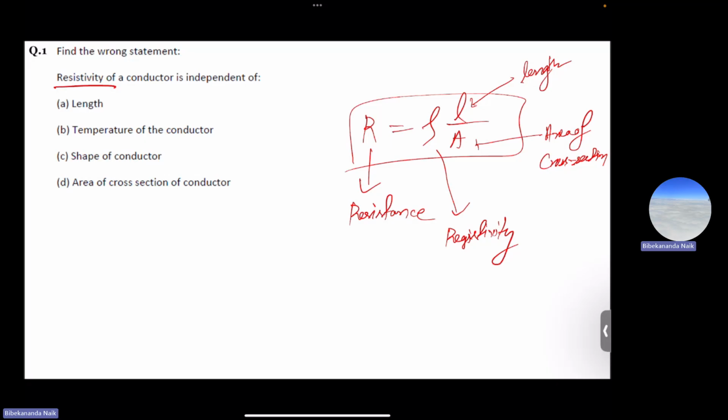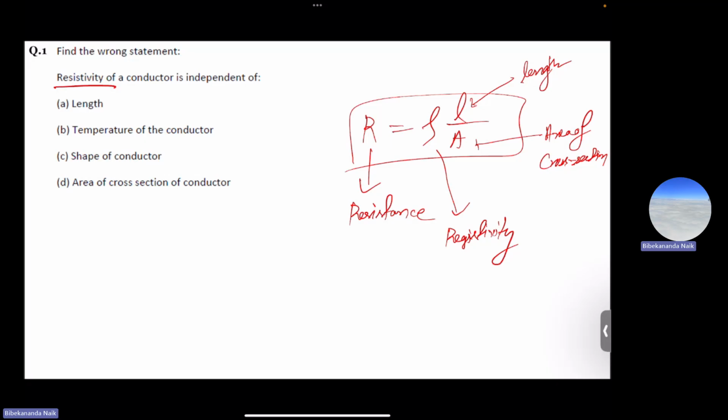So depending upon the material type, there will be different resistivity. Resistivity depends upon the nature of the material. Impurity is also a factor that determines the resistivity of a material.